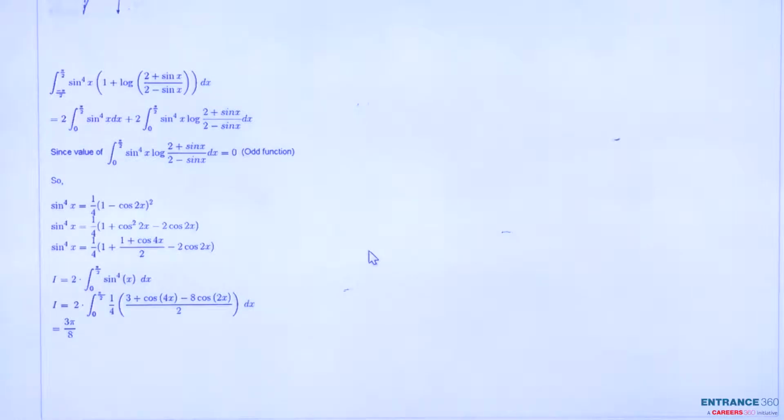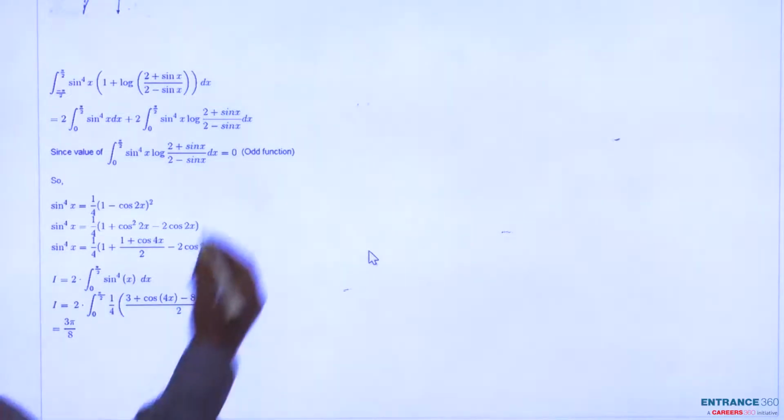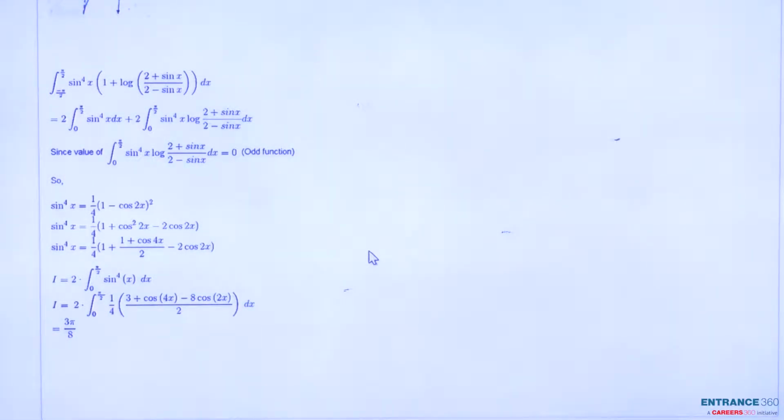Given problem is here: integral from minus pi by 2 to pi by 2 sin^4 x into 1 plus log of (2 plus sin x) divided by (2 minus sin x) dx.